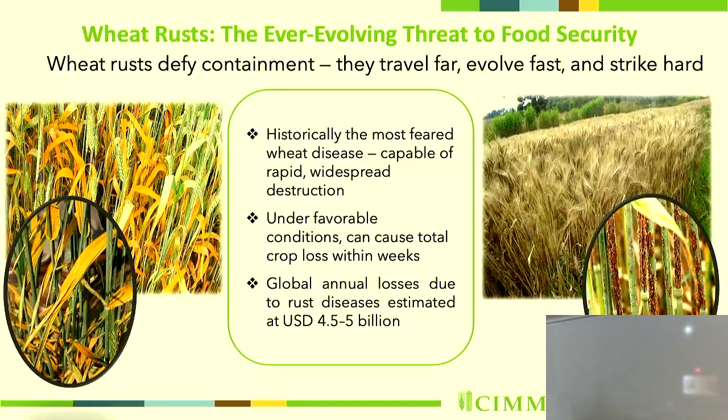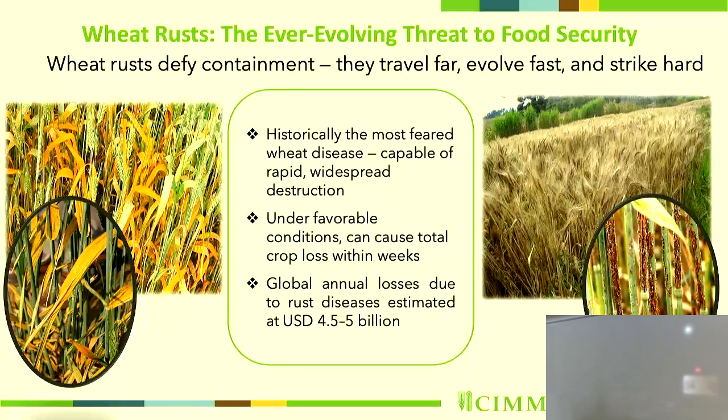Among those diseases, rusts are the most devastating. Why? Because they have a history of traveling long distances, they can evolve rapidly, and if there is a conducive environment present, they can knock down the crop within days or weeks.